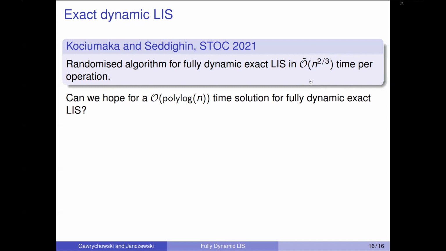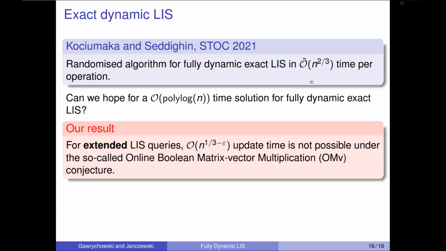And well, we don't know. The only thing we know is that it's not possible for some generalizations of the LIS problem. So I mentioned extended LIS queries, in which we can be asked for LIS in any subarray, not just the global LIS in the whole array.